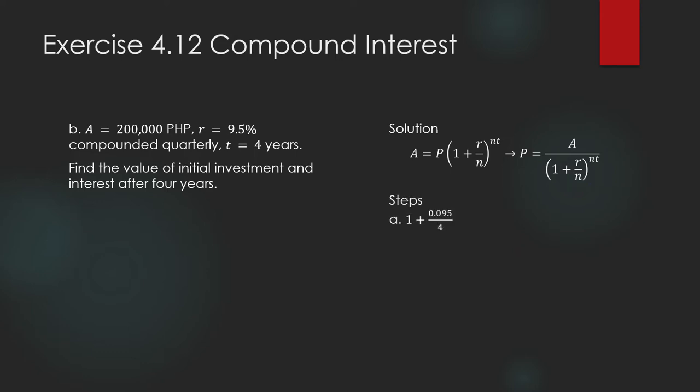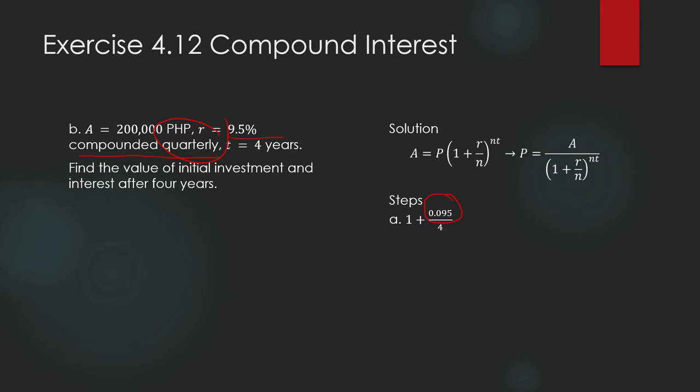So 1 plus 0.095 divided by 4. 0.095 is the decimal form of 9.5%. The rate of interest is compounded quarterly. You know what goes with quarters? It's 4.